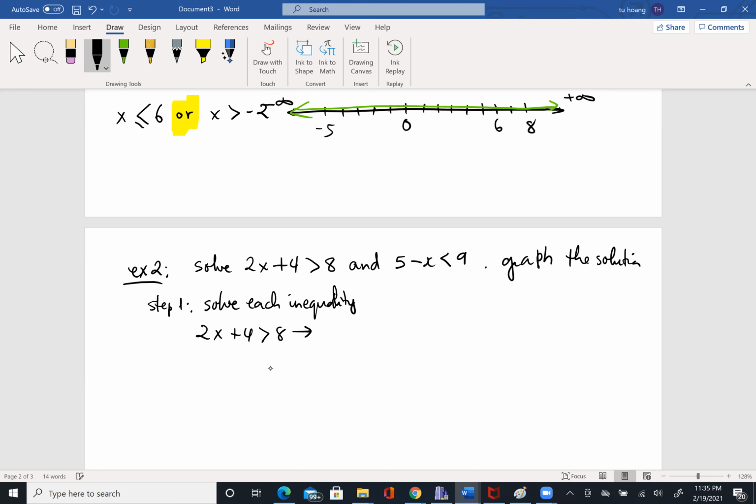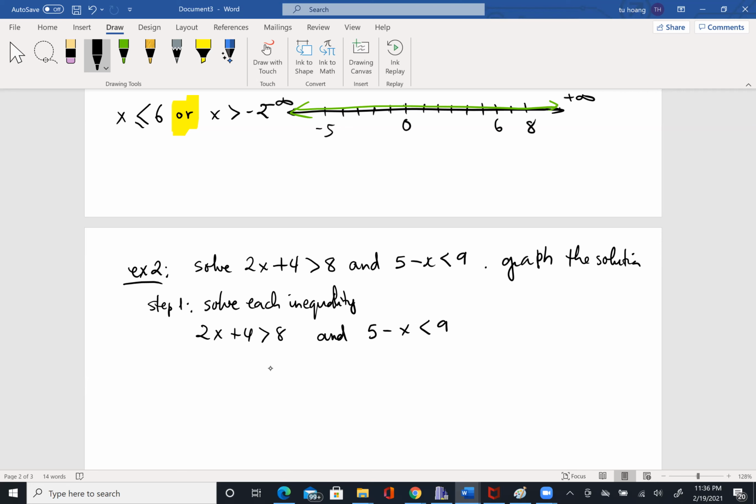Then I'm going to subtract 4 on both sides. I should rewrite both with N also, 5 minus x less than 9 over here.